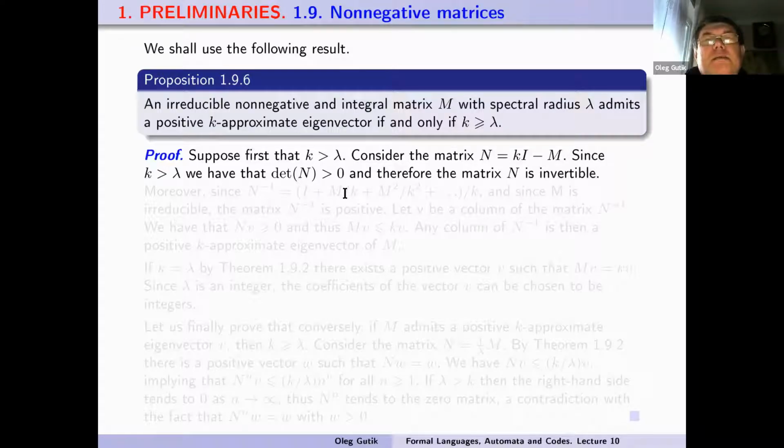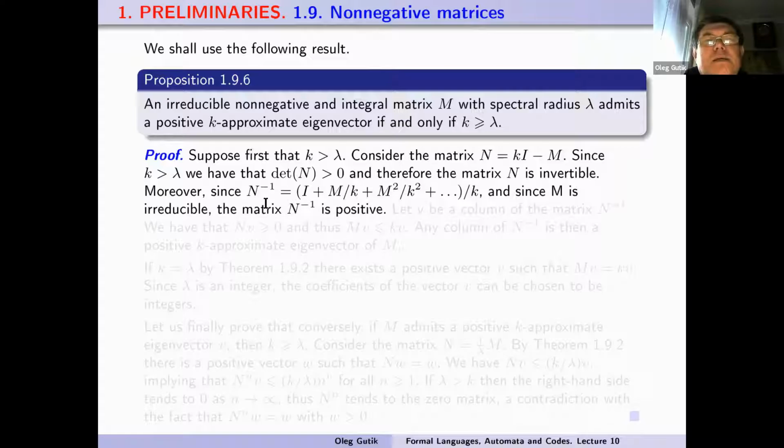and therefore the matrix N is invertible. Moreover, since M is irreducible, the matrix inverse to N is positive. Let V be a column of the matrix N to the power minus 1, the inverse matrix.